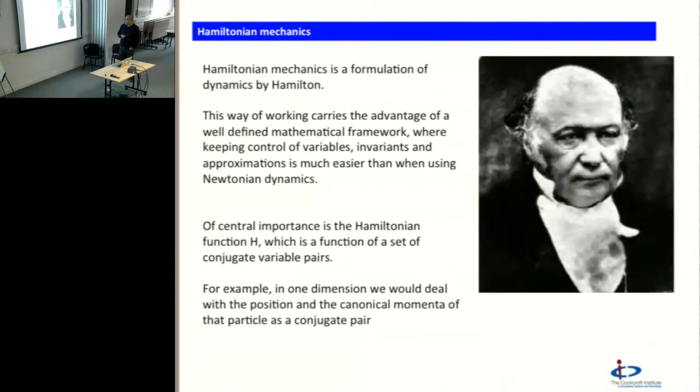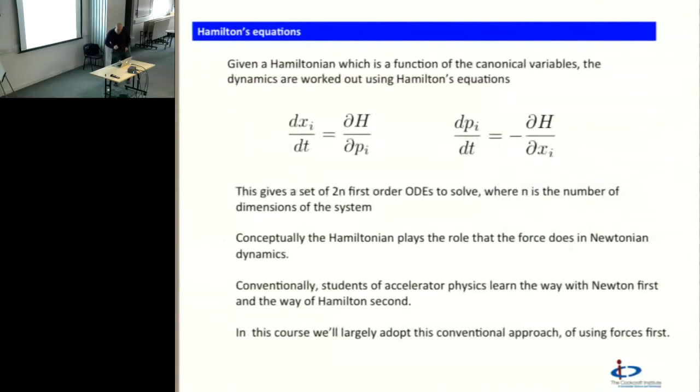In 3-dimensional space, we have 6 variables, in position and momentum in 3 different planes. So once you've got the Hamiltonian, you then use Hamilton's equations to figure out the dynamics. That's like Newton's second law in Hamilton language, where dx by dt is given by partial dH by d momentum, and dp by dt is minus dH by d position.